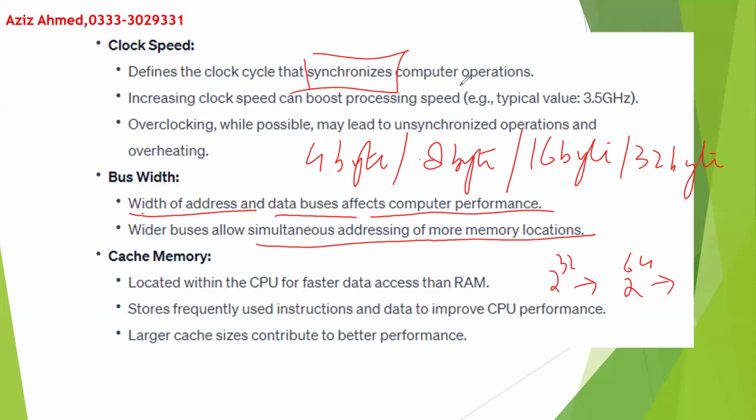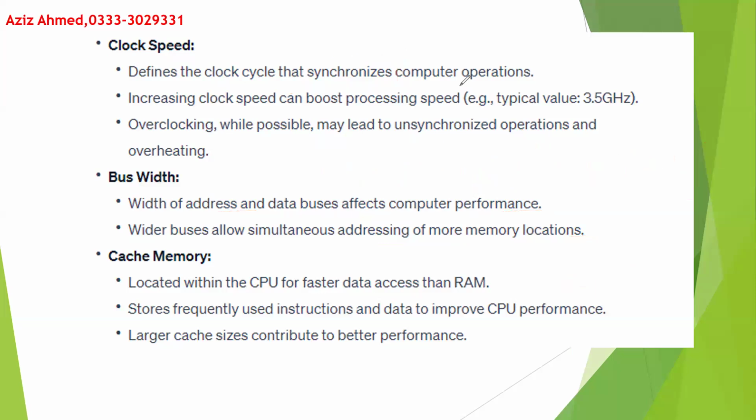If your address and data buses are 64 bit, it has more locations compared to 32 bit. That is why wider buses allow simultaneous addressing of more memory locations. Got this point?